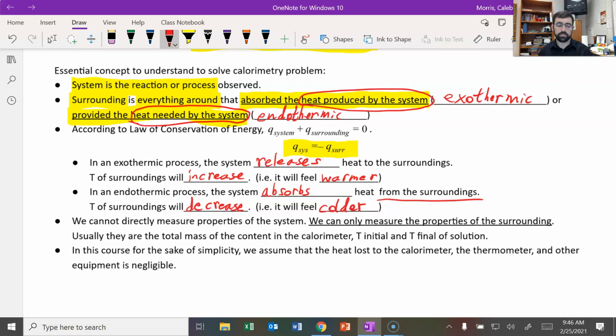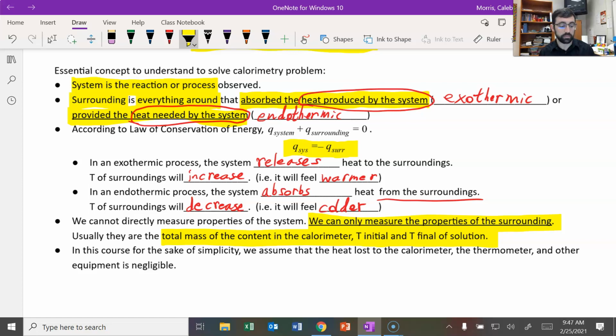We cannot directly measure the properties of the system. This is an important concept, and I hinted at it a little bit when I said the thermometer is always the surroundings. You can't directly measure the properties of the system. We can only measure the properties of the surroundings. Usually they're the total mass of the content in the calorimeter, the initial temperature, and the final temperature of the solution.